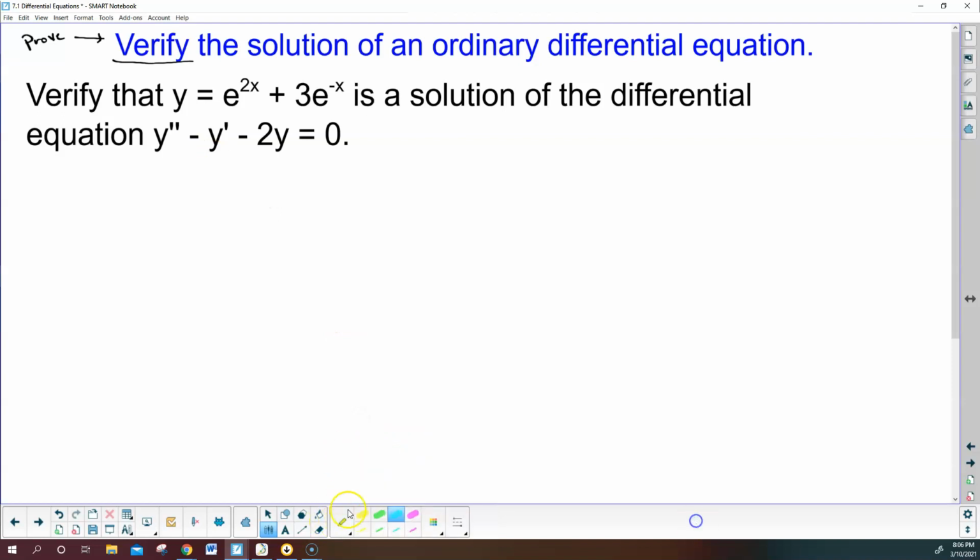Within this problem, you have to show that the second derivative minus the first derivative, and then we know the original function.